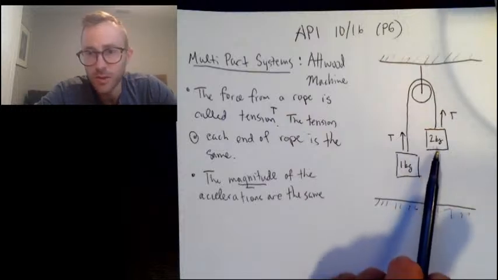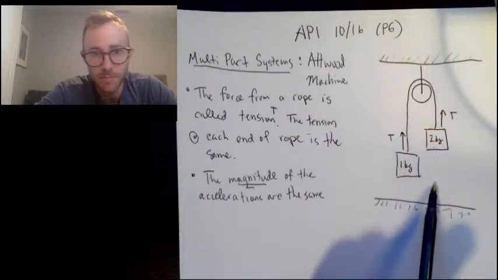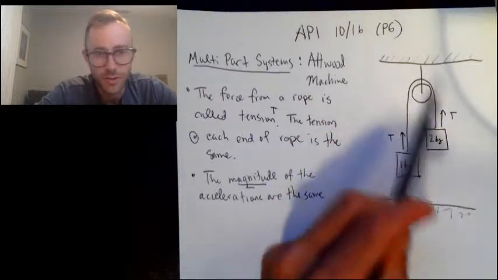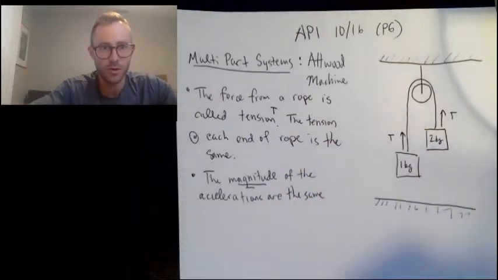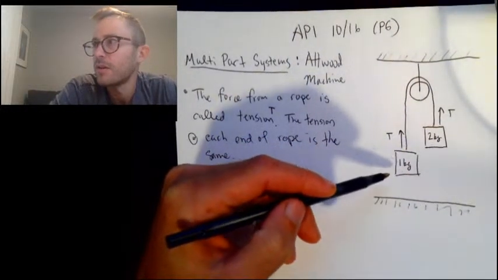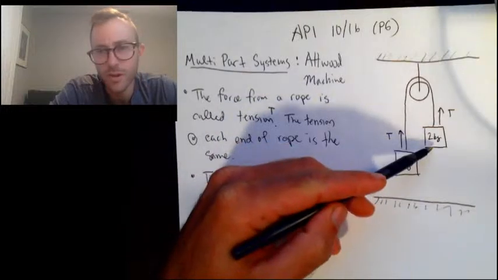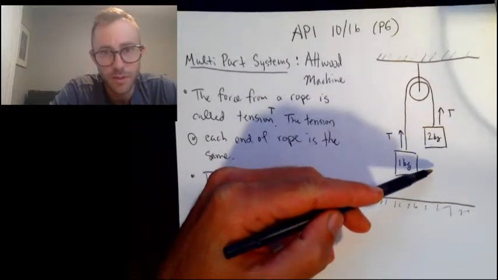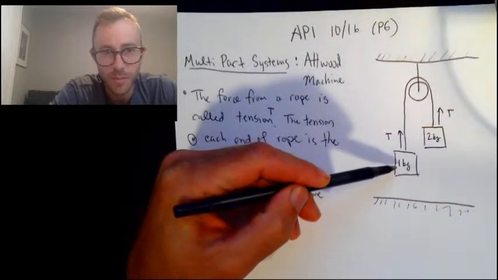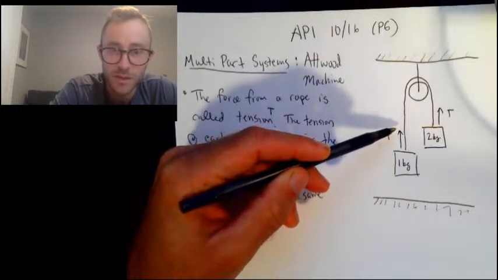So let's assume that the 2 kilogram mass falls 1 meter in 1 second. Then, assuming it's not a stretchy rope, the 1 kilogram mass is going to rise 1 meter in 1 second.